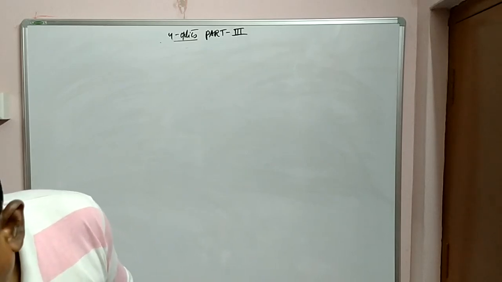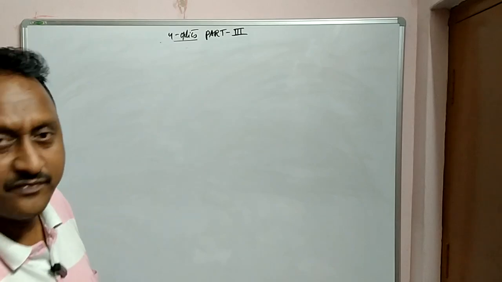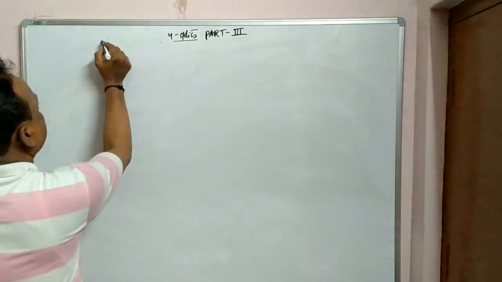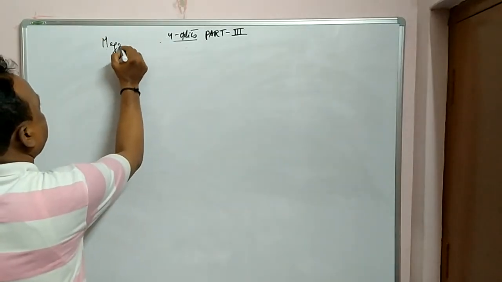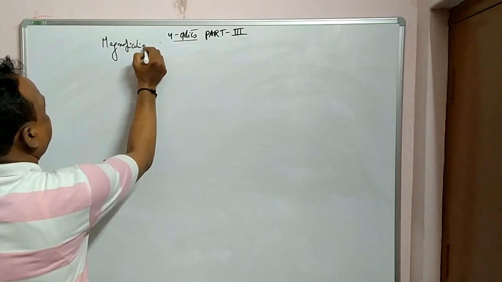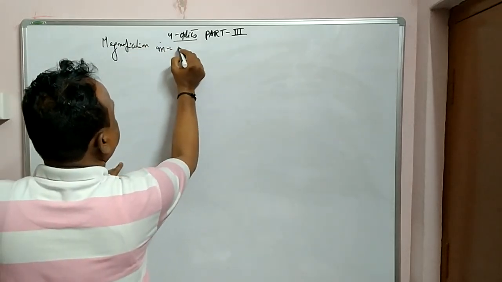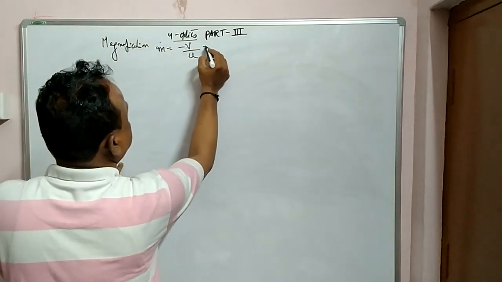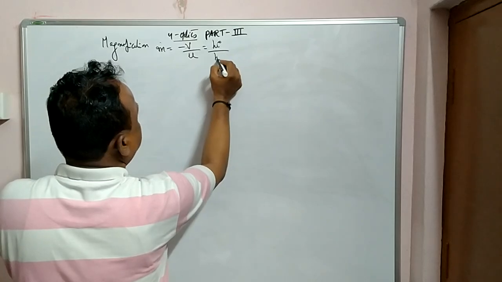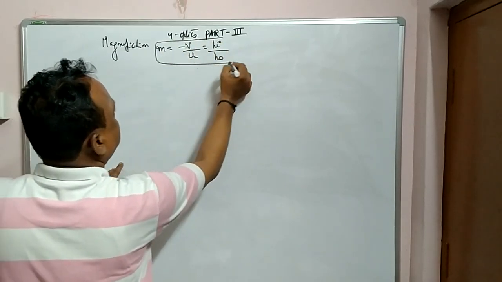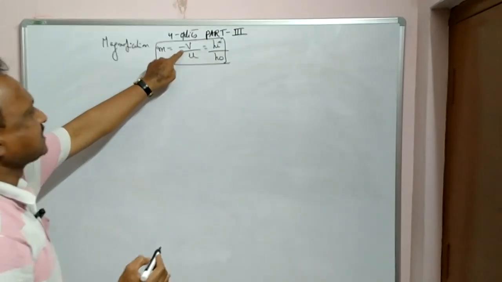That is, I told in the before class, magnification formula. Part 2 lo meeku magnification formula for mirrors, m I told you is minus v by u. Height of the image by height of the object. We will see how this minus v by u has come. I will take a concave mirror.